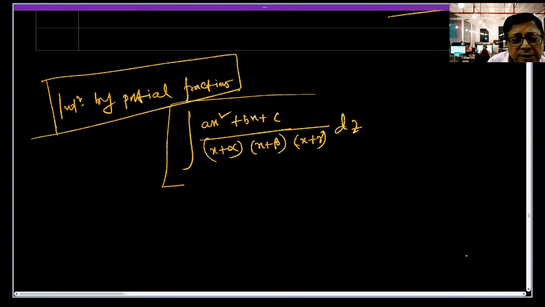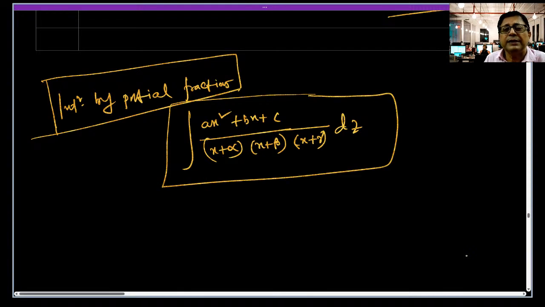This kind of integration can be done if you use partial fraction. By using partial fraction it can be done nicely. How to?